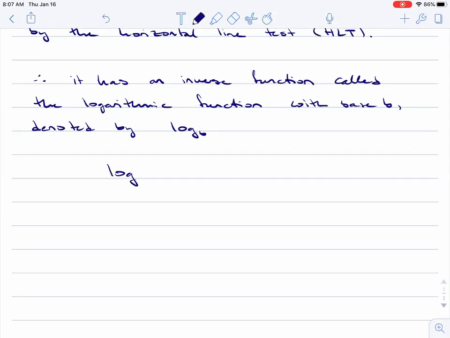So just as a rule, log base b of x, if it's equal to y, well, that's the same as saying that b to the power of y is x.